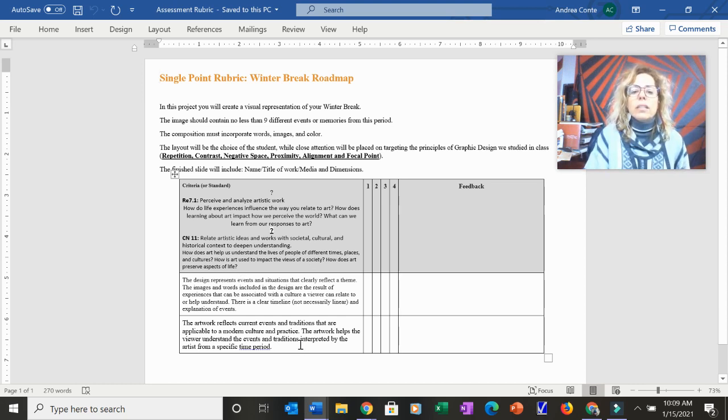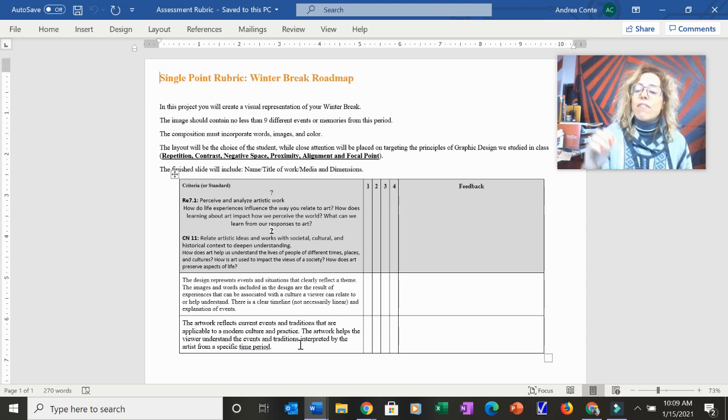The next standard, connecting 11, is that your artwork reflects current events and traditions. You have put some sort of traditions, whatever those traditions may be, at home, in your family, or in your environment, that are applicable to a modern culture, present times, and practices.